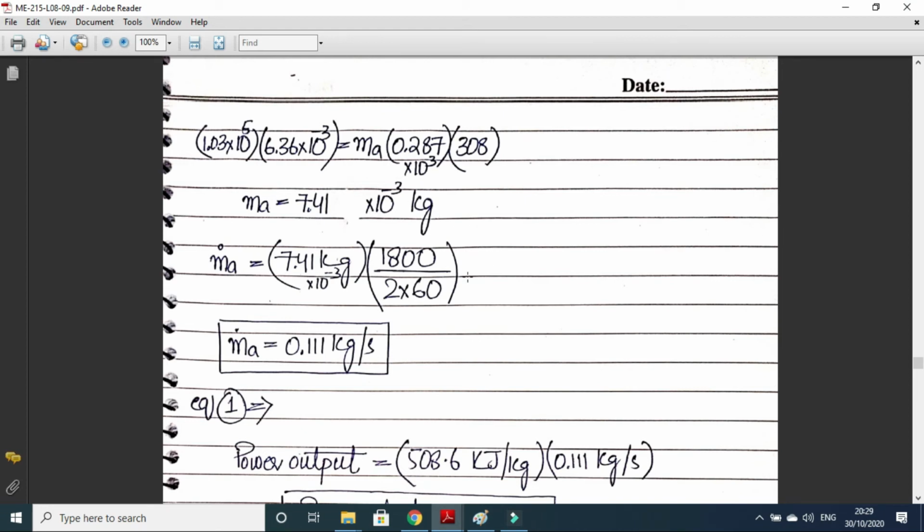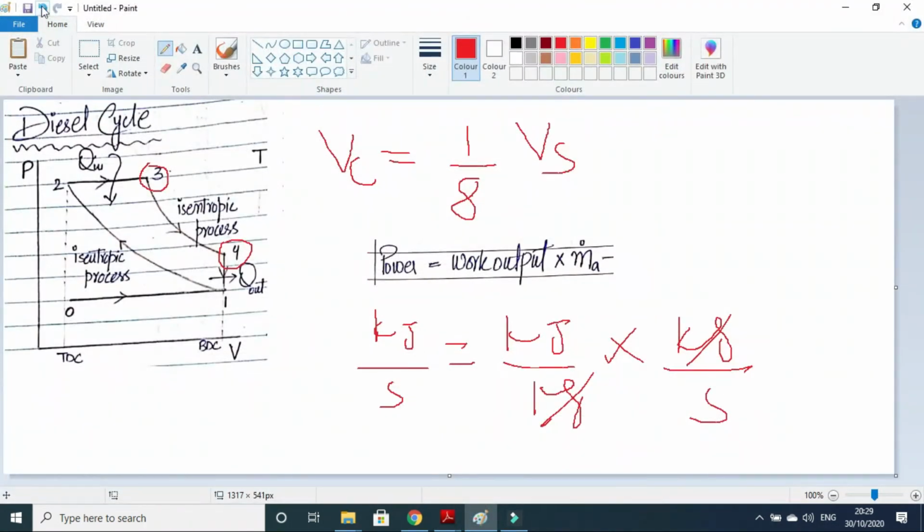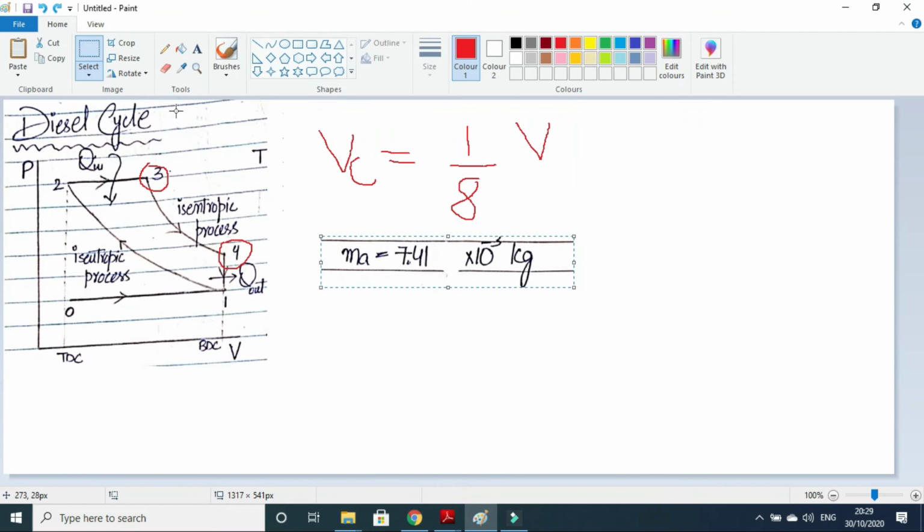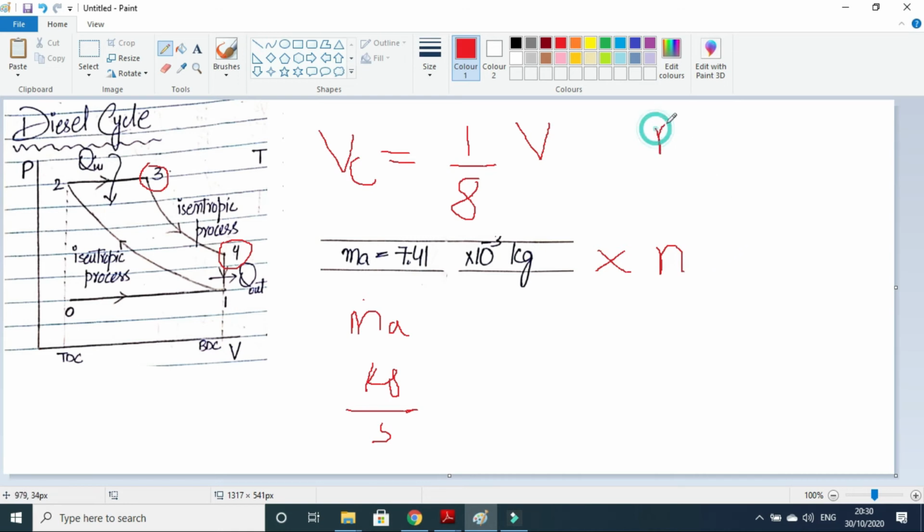We need to multiply with n, because we want to convert m into m dot, and m dot will have a unit of kilogram per second. So we need to multiply with small n, and n is equal to N by 2 for 4 stroke, and n is equal to N for 2 stroke. Here you can see that N normally has a unit of RPM.